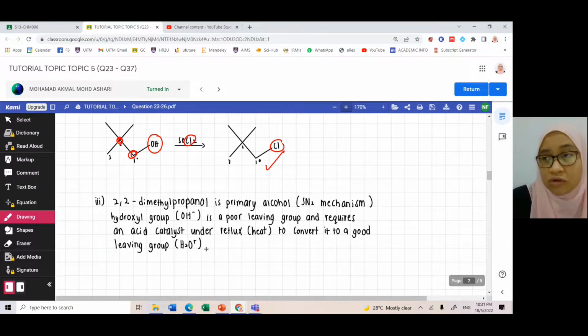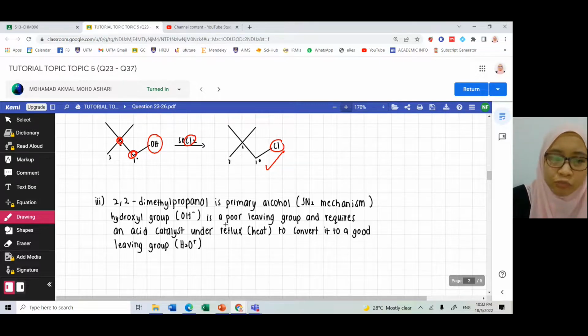It means it's not easy to remove the OH. It's not as easy as compared to halogen. It is very attached to the molecule. So it is very difficult to remove the OH from the molecule. Therefore, it is a poor leaving group.